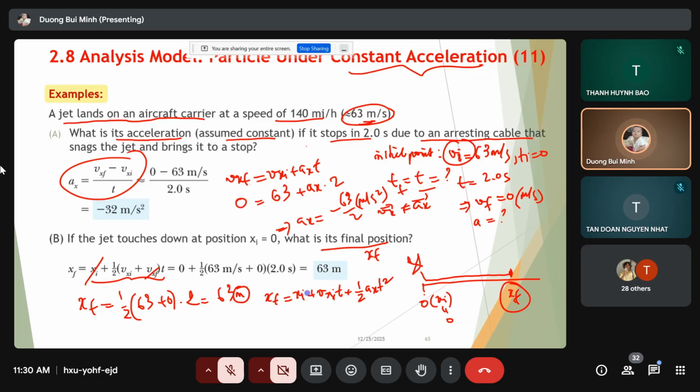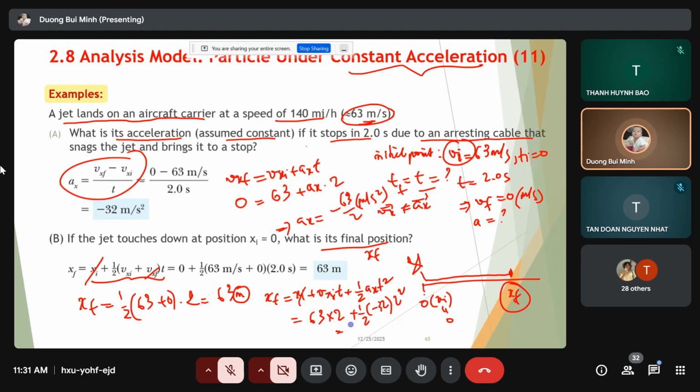So vxi is 63 times t, how many? 63 times 2, plus ax is minus 32 times 2 squared. Yeah, you can use it.